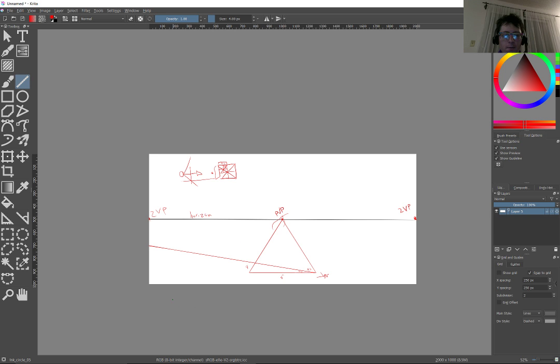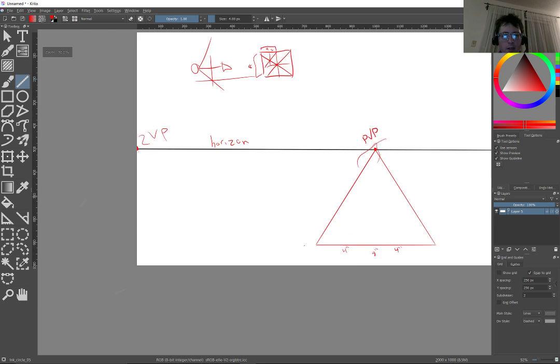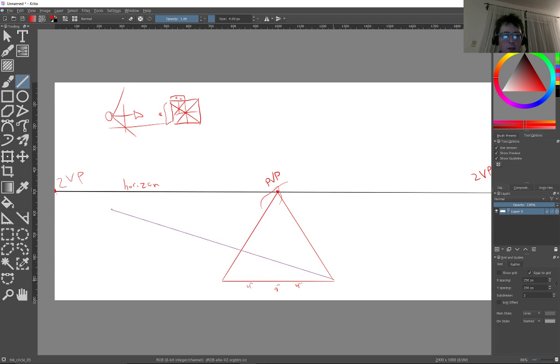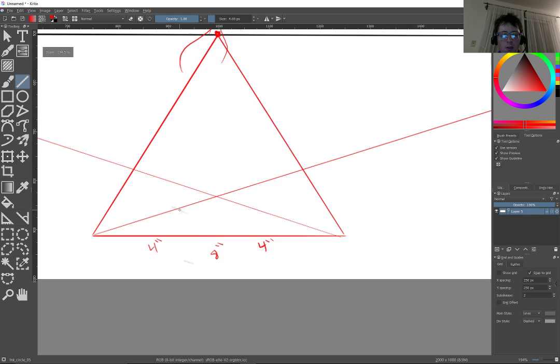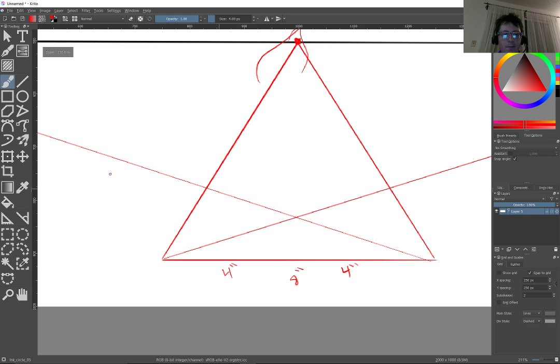Oh, wait, no wonder. I didn't see I had a computer glitch when I drew that. I thought it looked a little cramped. There we go. So again, one last time: 90 degrees, 45 degrees.